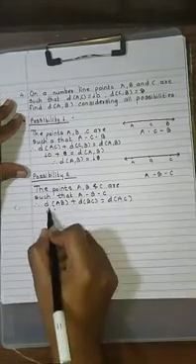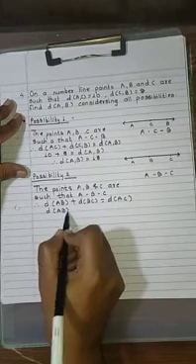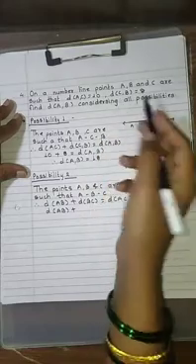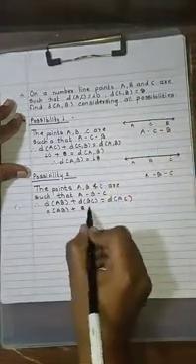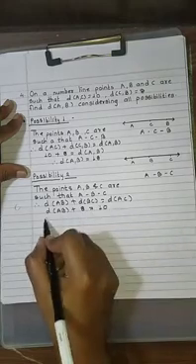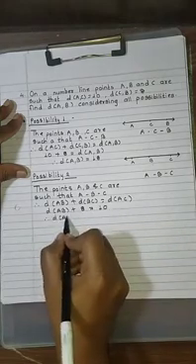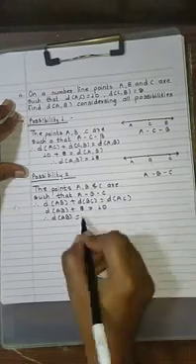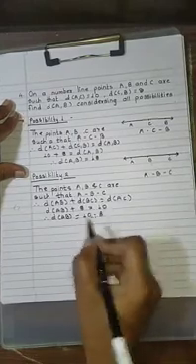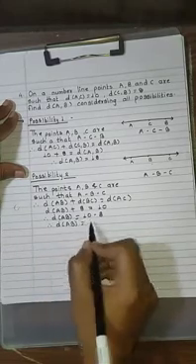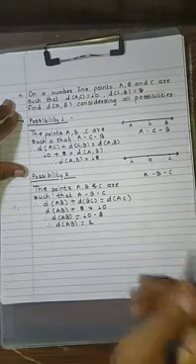Now we don't know distance AB. BC or CB is 8 and distance AC is 10. Therefore distance AB, now we'll send this 8 to the next side, that is 10 minus 8. Therefore distance AB is equal to 2.